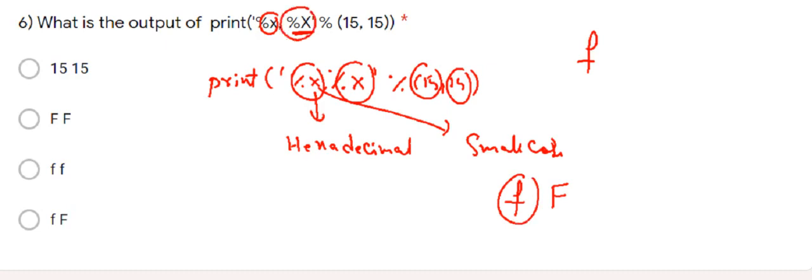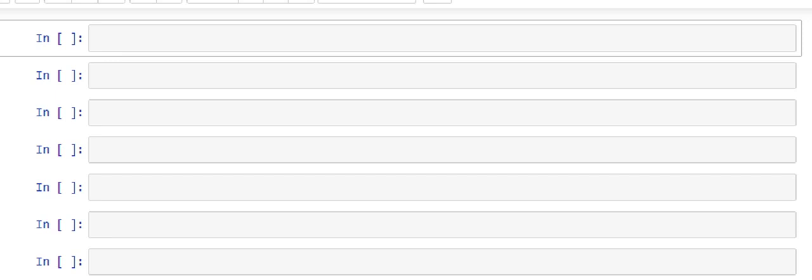This capital X indicates you have to print it in capital letter. So what is the output for this? Small f and capital F. So option 4 is the answer for this. Okay, are you getting it? Suppose you execute this code: print, quotations, percent small x, comma, percent capital X.